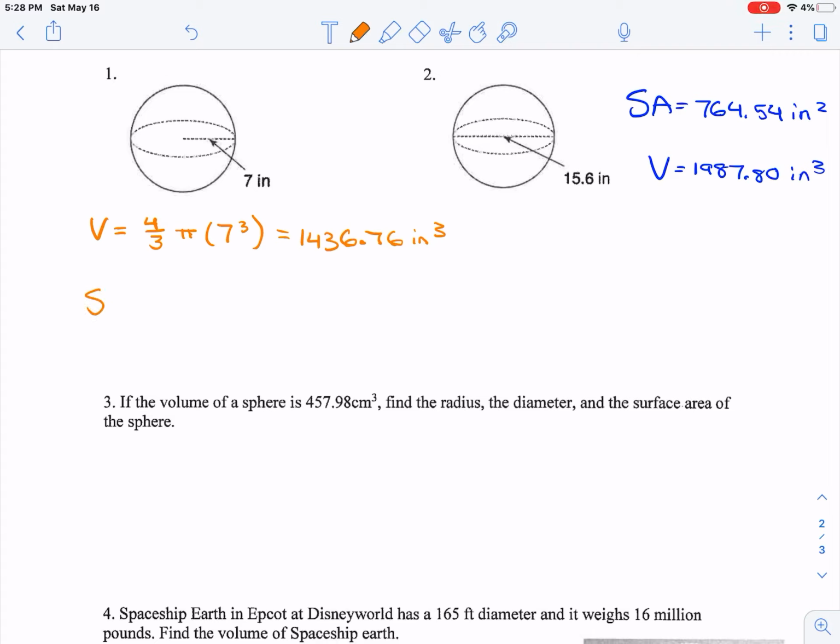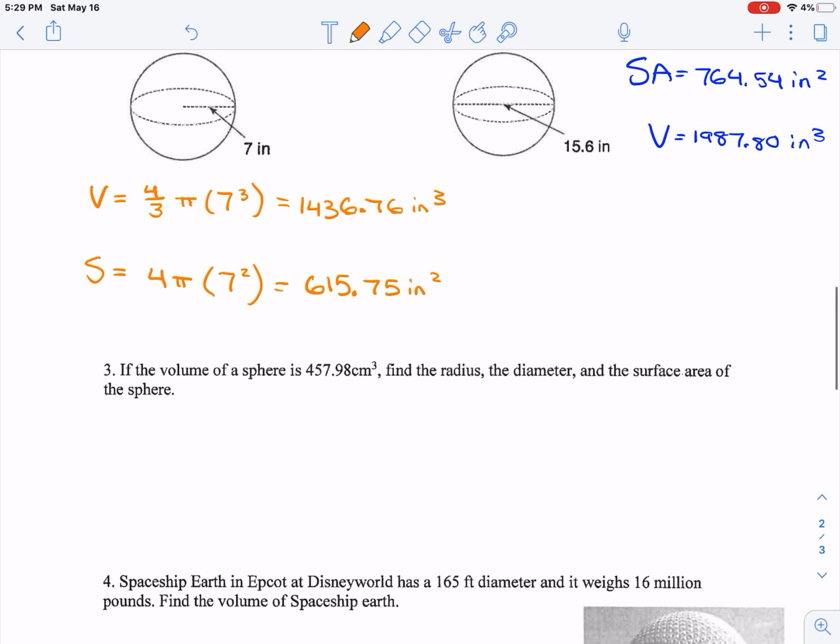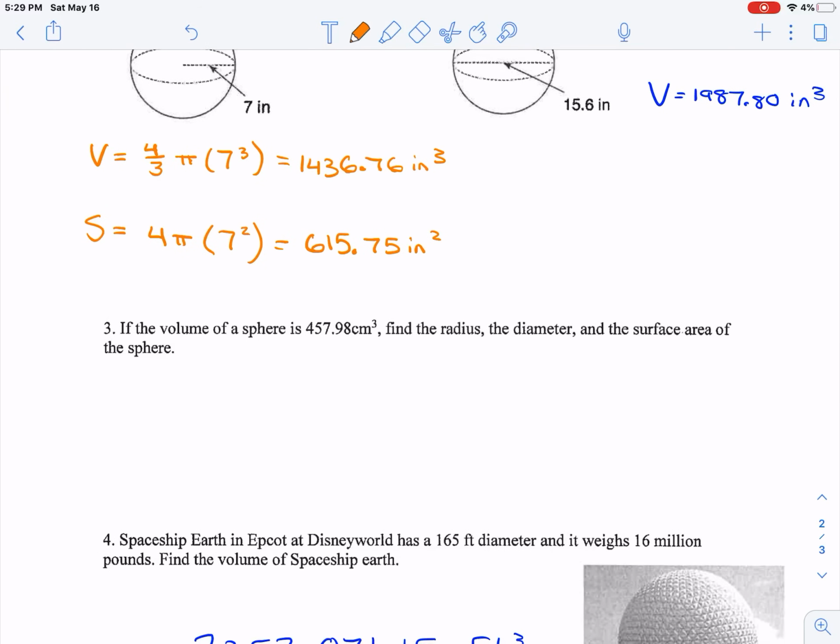So then our surface area is going to be 4 pi times 7 squared, okay? So 4 pi r squared, and that's going to be equal to 615.75 inches squared. Now, for questions like number 3, basically it's the same kind of idea as circles.